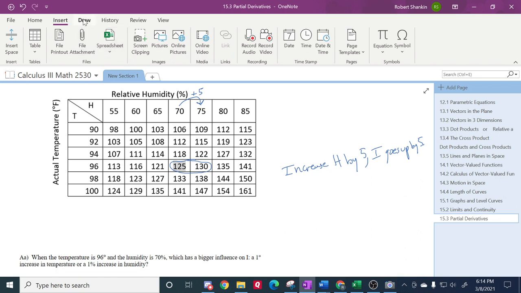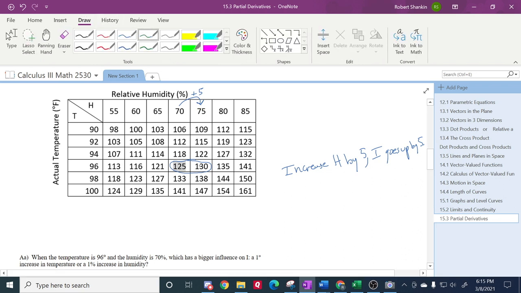And then you looked this way, from here to here, increase T by 2, I goes up by 8. And how do we summarize these two findings?